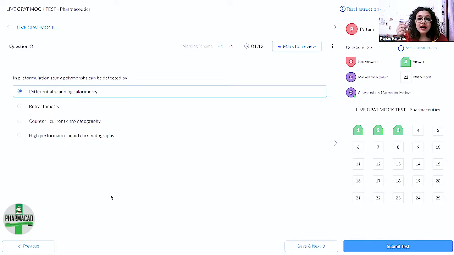Make a note, techniques like DSC, X-ray diffraction, infrared spectroscopy, IR, all of these are used to detect the difference amongst the polymorphs. So with these techniques you can see the difference between polymorphs.